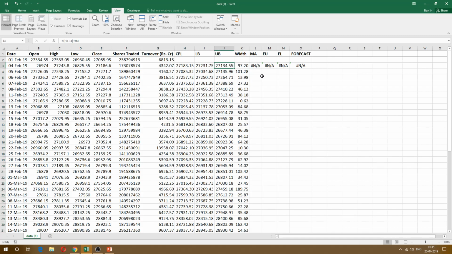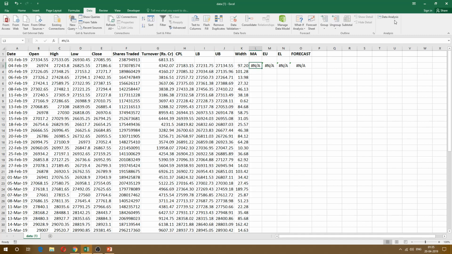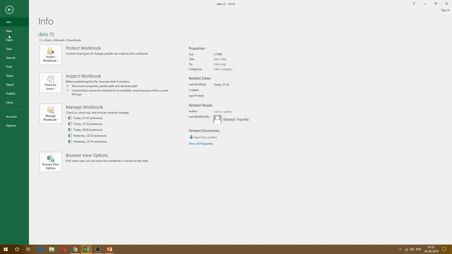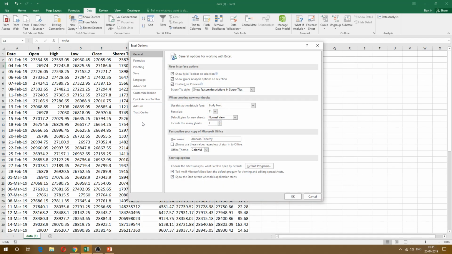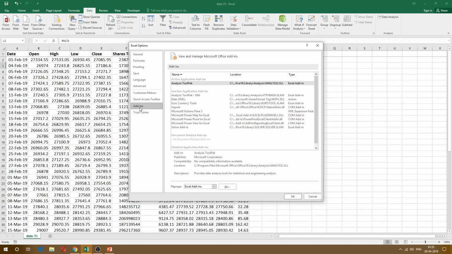So width is done, absolute value of the difference between lower and upper boundary. Now for moving average, here is a tricky part. You need to have data analysis unlocked. For me it was locked, so I'll tell you how to unlock it. Click on File, go to Options, click on Add-ins, and you will get a list here, and the first one is Analysis ToolPak.